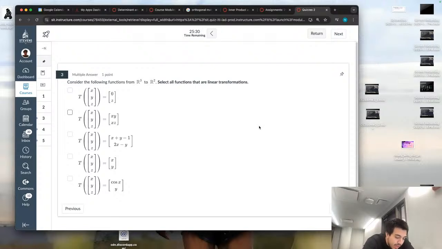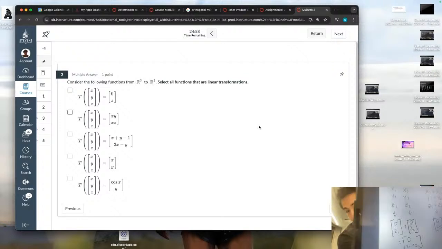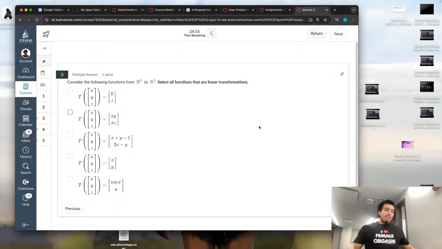You'll see that if you add them together, you get the same result if you add the vectors and then apply the transformation as if you do the transformation on both of them and then add the results. And the same thing with multiplication.